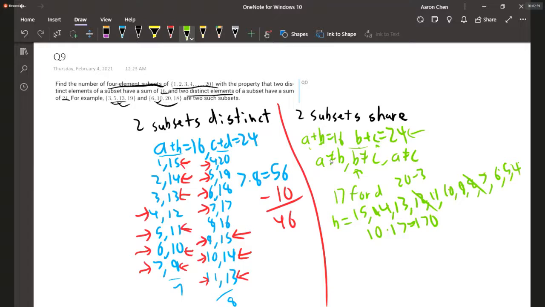But in this case, there are also overlaps.